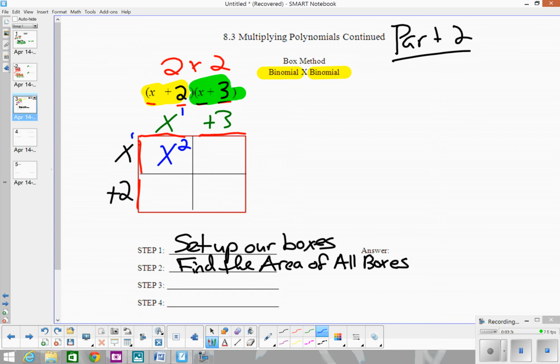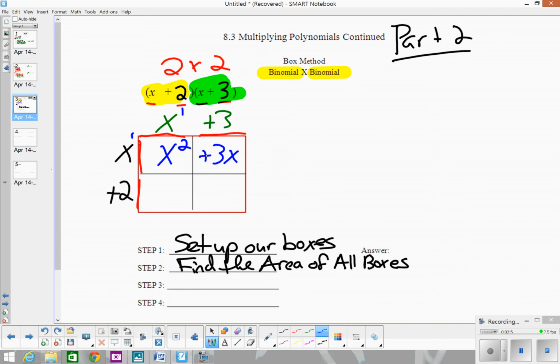Awesome. Now, I always go across first. So let's find the area of this box right here. The length is 3, the width is x. The width is x for both these boxes, so 3 times x is a positive 3x.